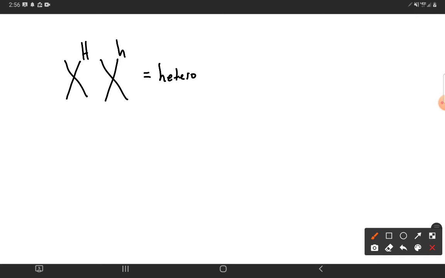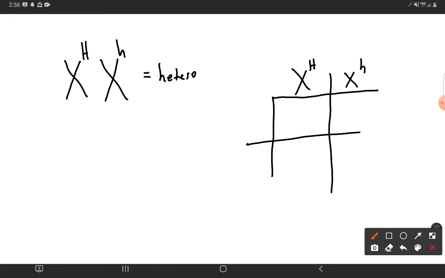And so this question seems tricky because they don't even tell you what the father is. They tell you what the mother is. So we could start a Punnett square. And we could try to figure out what the chances of having a son with hemophilia are.